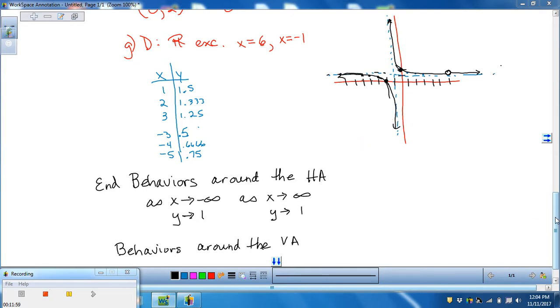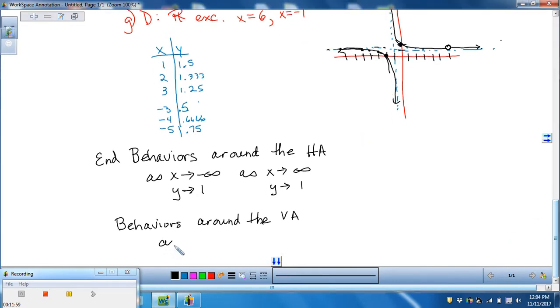So we're going to say that as x is approaching -1, y is going where? Where is y going as x is getting closer and closer to that -1? Hopefully you can see that y is continuing to go down, and it never stops. So y is approaching negative infinity.